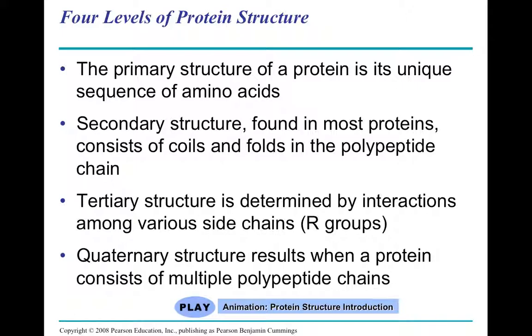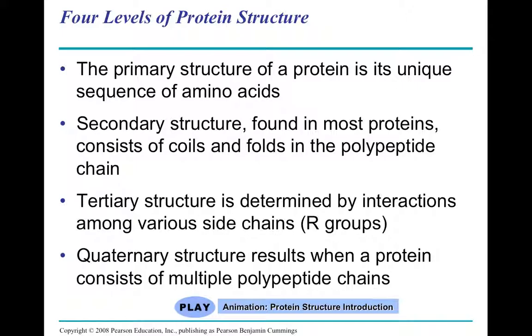Alright, so the 4 levels of protein structure, and I'm sure you guys probably talked about this in the past, but let's go over it again. So we have primary, secondary, tertiary, and quaternary structure. And so the primary structure of a protein is a unique sequence of amino acids.